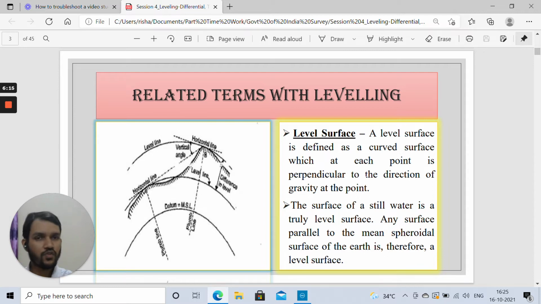So for that it has been defined around 15 to 20 km. If the distance is greater than that, then for those cases we need to consider the effect of the curvature of earth as well as the refraction, because when the distances are very high, due to the change in the density of the atmosphere, the air, the wind that is there, the refraction of the light wave through which we are looking also happens, and for that also we need to account.